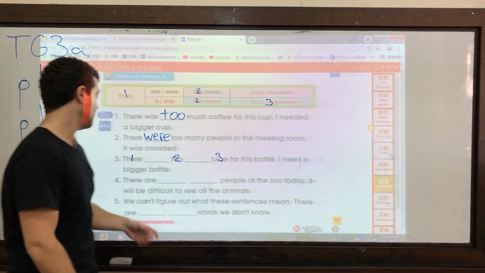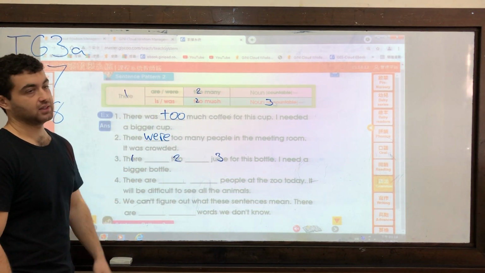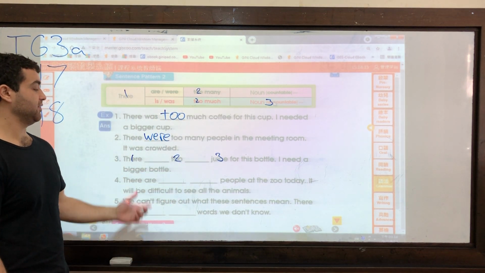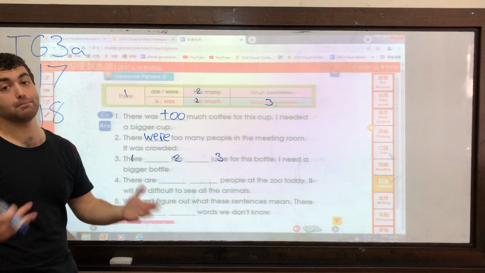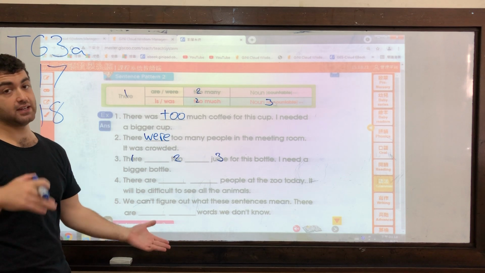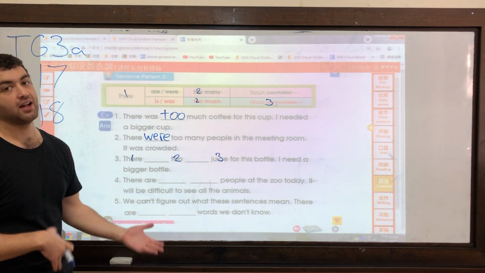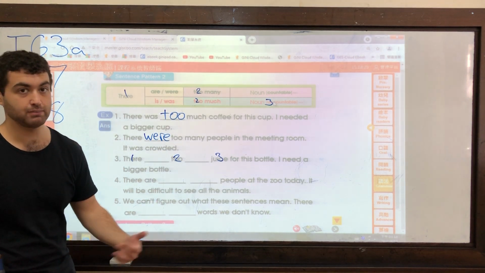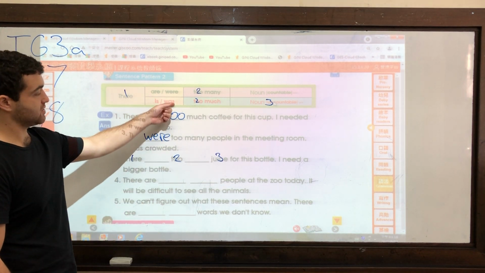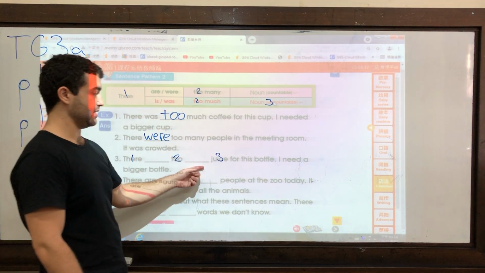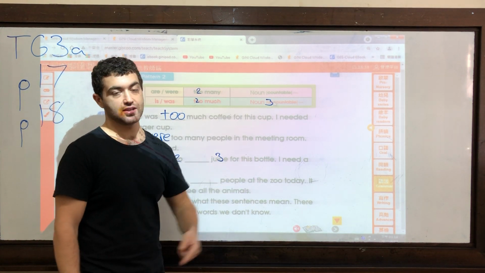I need a bigger bottle. So, if he needs a bigger bottle, that means that there's too much juice to fit into the small bottle. That's why he needs a bigger bottle. So, there was too much juice for this bottle.